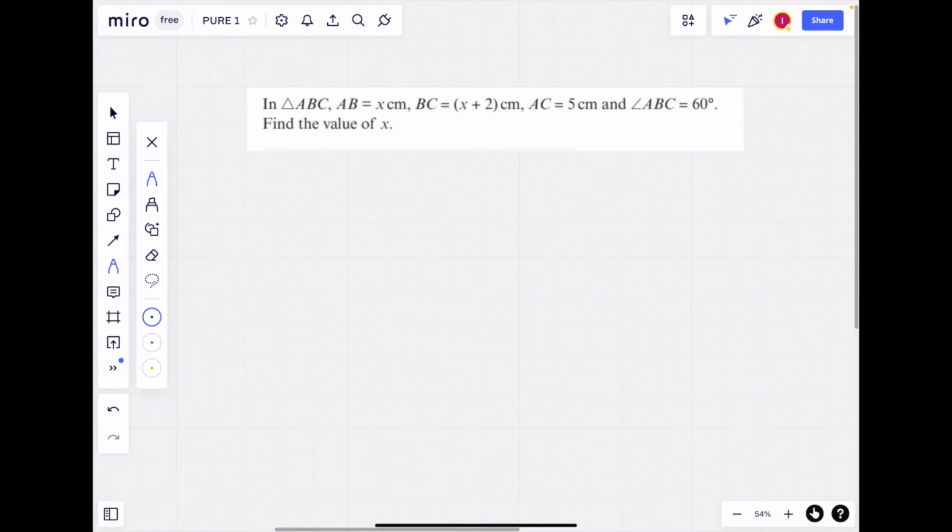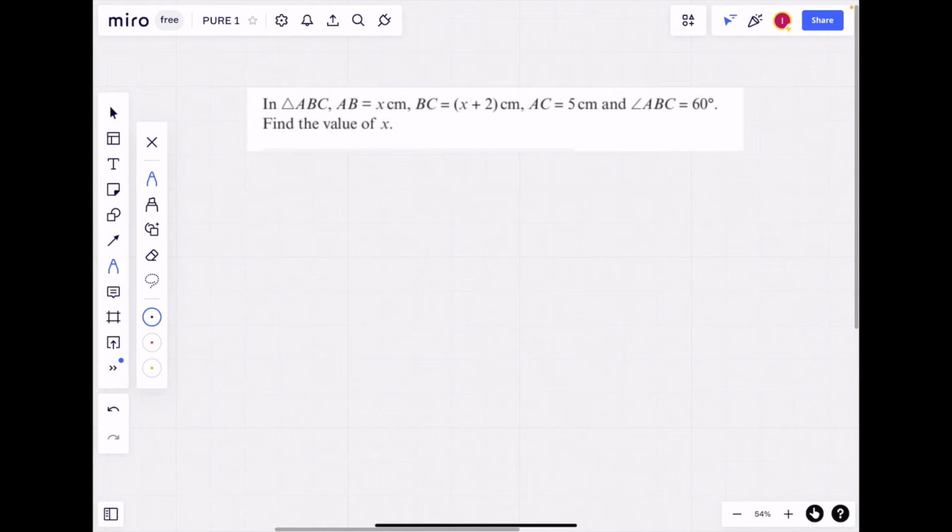Let's start off by drawing it. Now, one thing to keep in mind is that the cosine rule only works with non-right angle triangles. So typically it's going to be an isosceles triangle, or a different type of triangle.